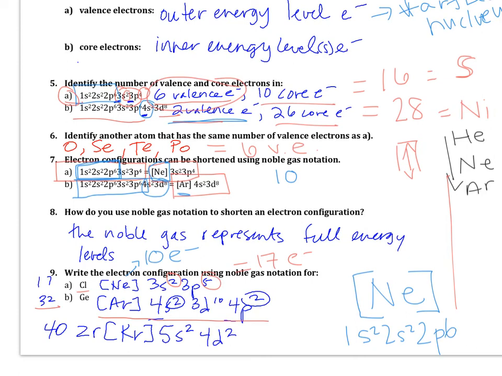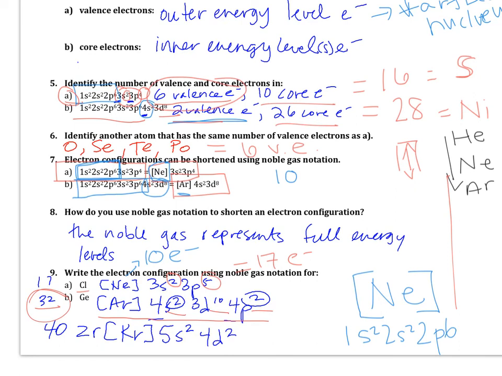After argon, the additional electrons go to the 4s2, the 3d10, and then the 4p2. If I add up, argon has 18 electrons, plus 2 gives me 20, plus 10 gives me 30, plus 2 more, that's where I get my 32 electrons.